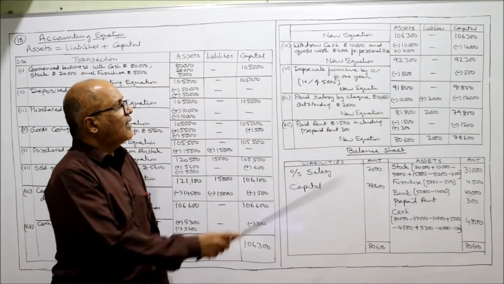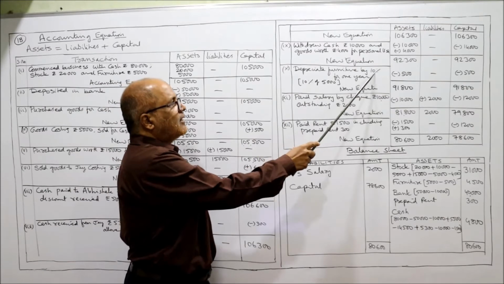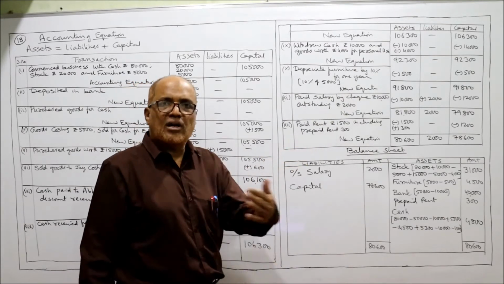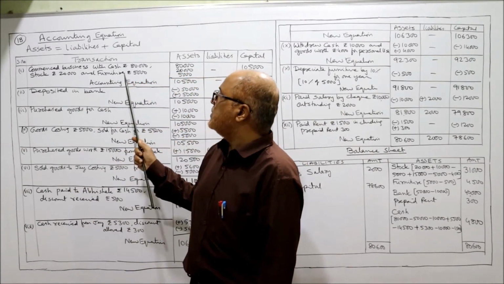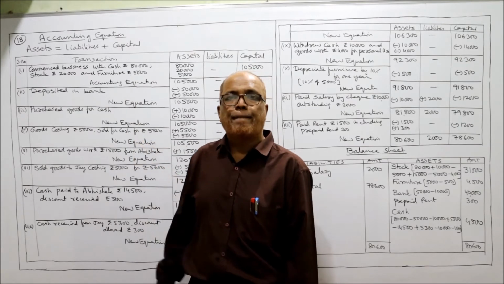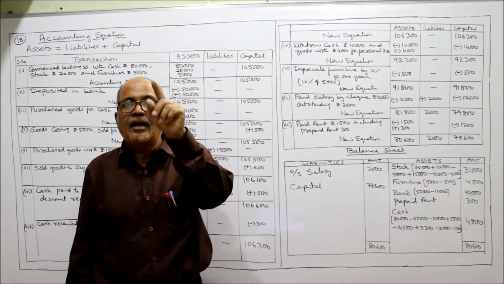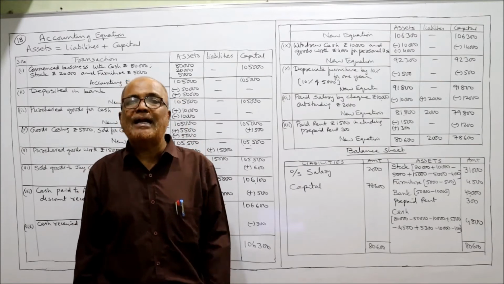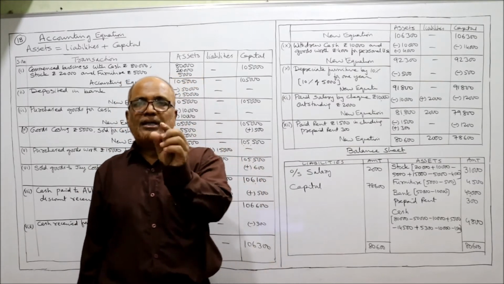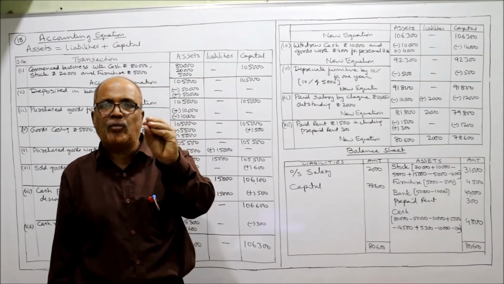No liability. Next, depreciate furniture by 10% for 1 year. What is the cost of the furniture? 5,000 rupees furniture, as in the first entry we have seen. Provide depreciation at 10%, so 10% of 5,000 is 500 rupees.